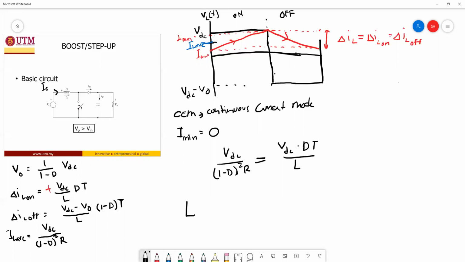So L minimum, you can calculate by using (1 minus D) squared D R over 2 times frequency, L minimum equals (1 minus D) squared D R over 2f.